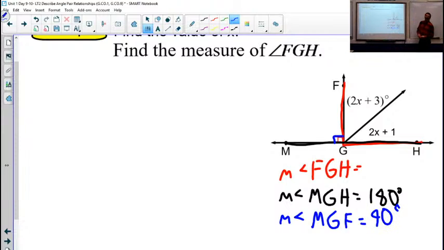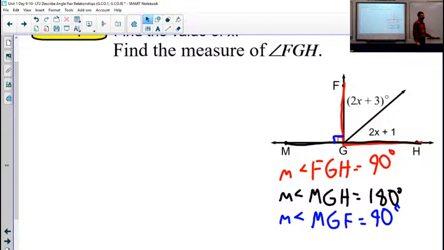And we talked about last week how if I know the entire angle and I know one piece, then I can find the other piece. So the whole thing is 180, and one of the pieces is 90. The only way that can happen is if the other piece is also 90. And we'll talk more about that and say that that's always true when we talk about perpendicular lines. But that means that this angle, F to G to H, is also 90 degrees.